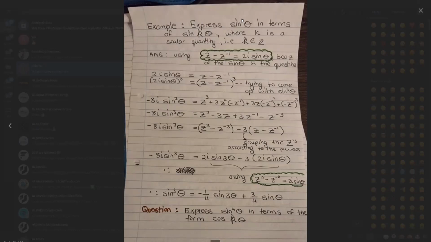This one, you see, it's an exponent. If you see some exponent and then it says express sine cube in terms of sine k theta, some number inside, you have to use those formulas I showed you. Otherwise, you won't be able to do the question.